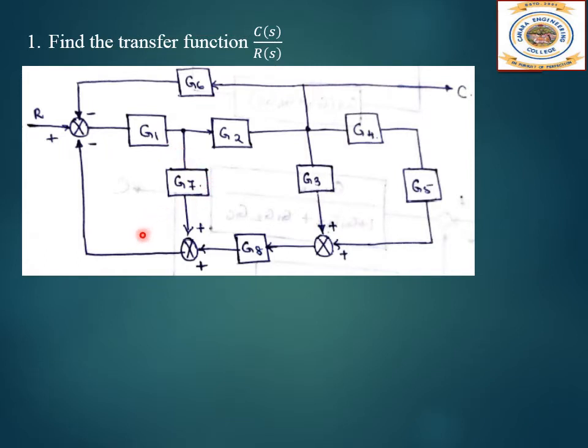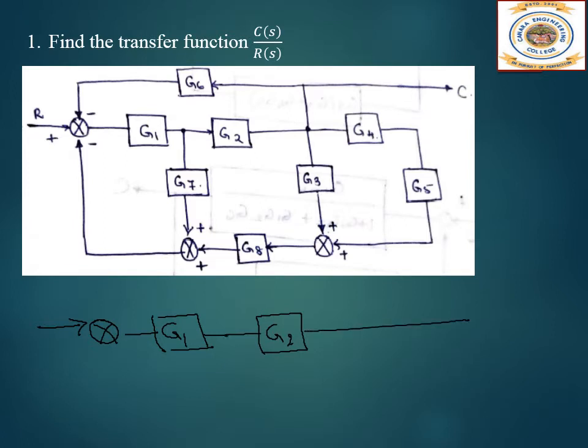Now let us start working this out. That time it will be still clearer to you how exactly we do it stepwise. So let me redraw this once again. Here we have G1, G2 as it is.